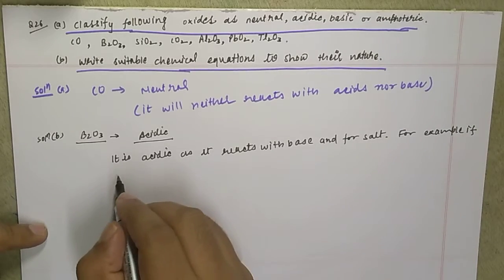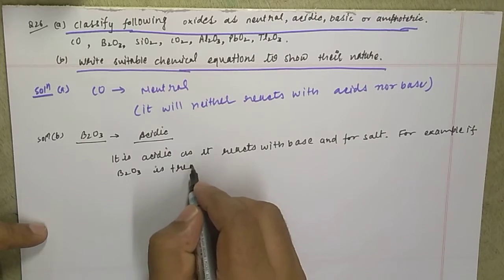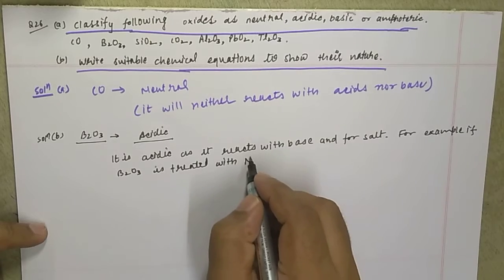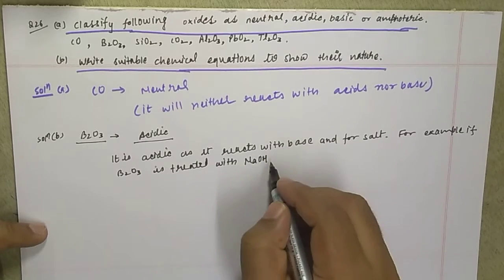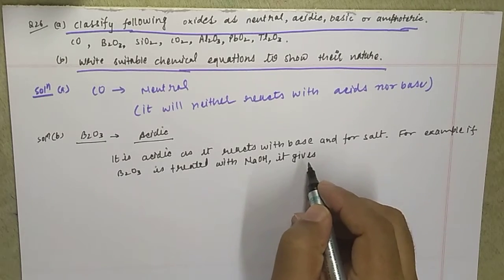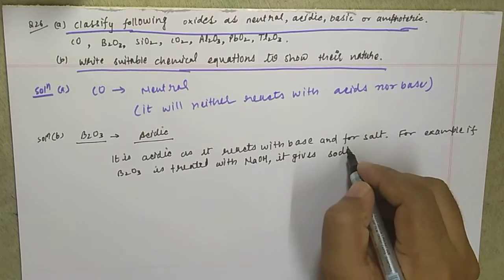For example, if B2O3 is treated with NaOH, it gives sodium metaborate.